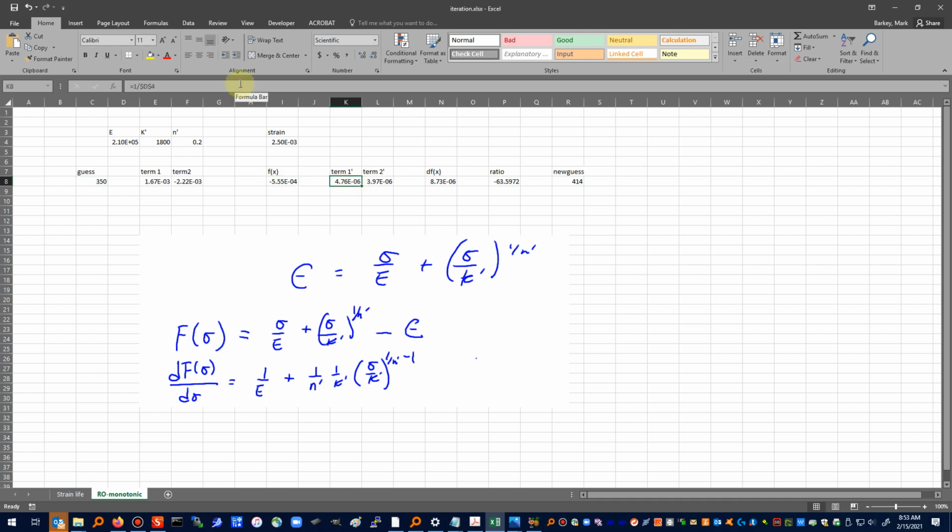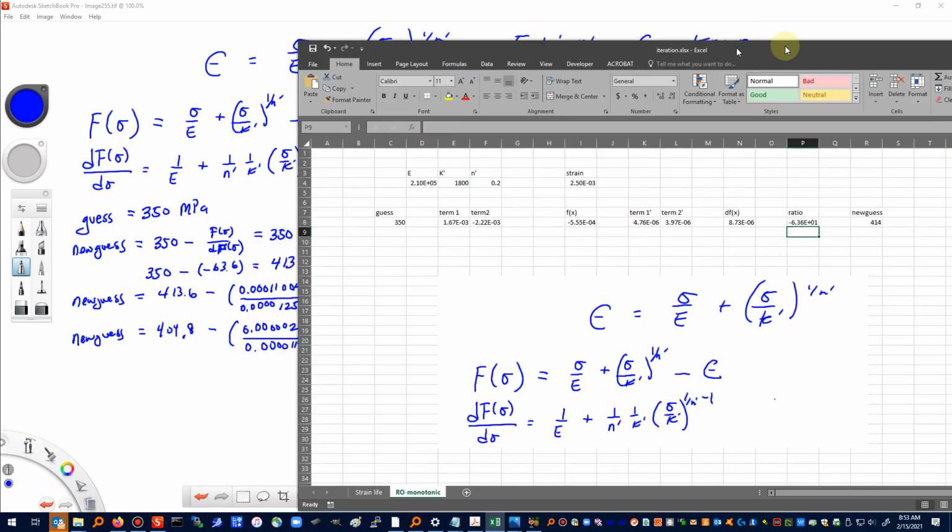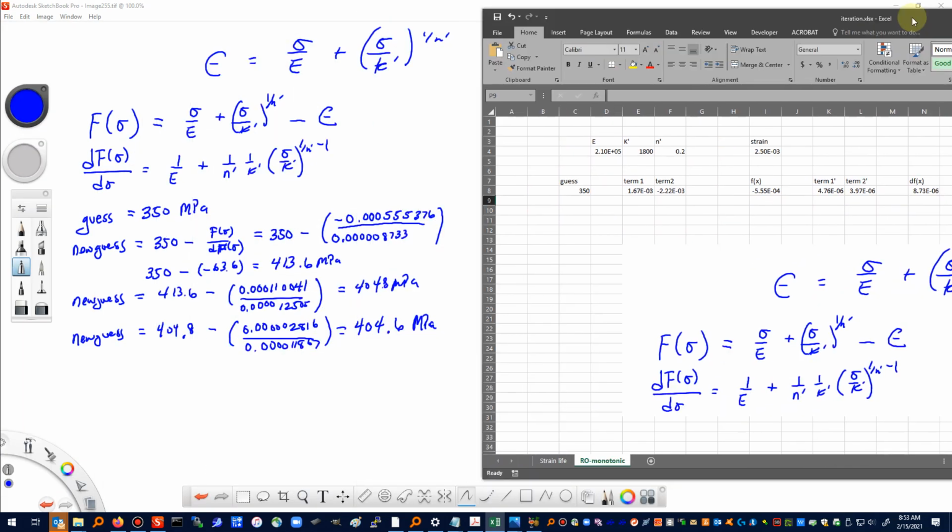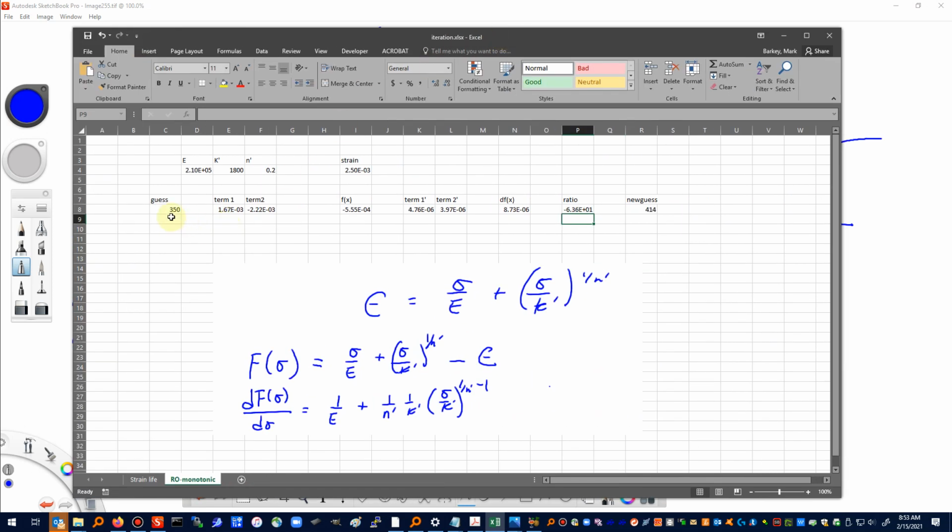Here's my term 1 primed, so that's the 1 over E. And here's my term 2 prime, so 1 over N prime, 1 over K prime, sigma over K prime to the 1 over N prime minus 1. And this is those 2 terms added together. This is the ratio, and then here's my new guess. So let's see if I did it right. I said 414. Okay, yeah, that's looking good.